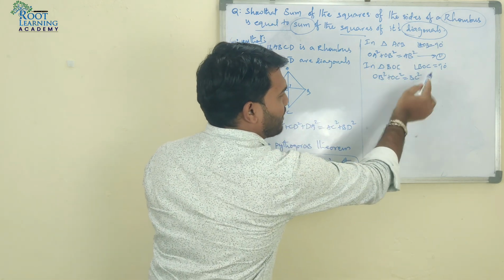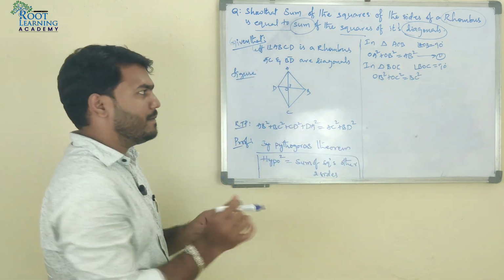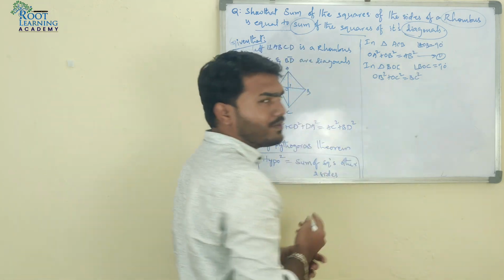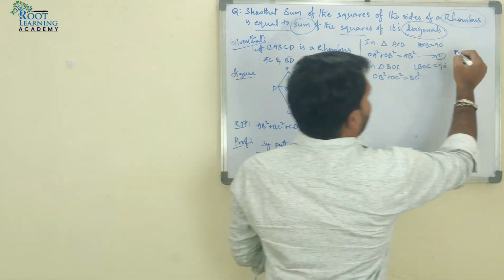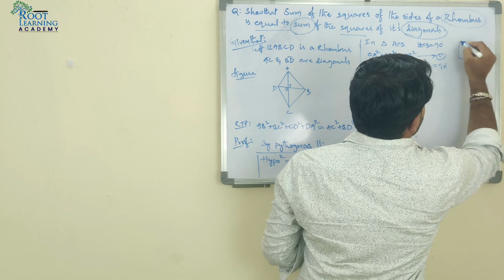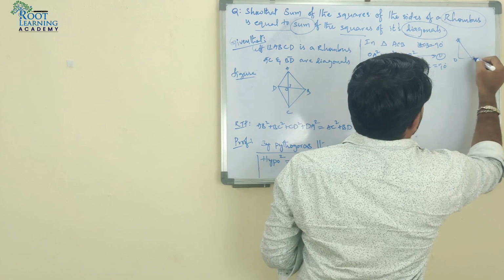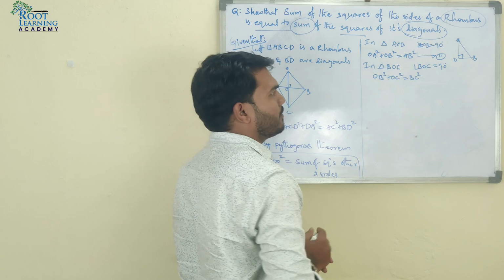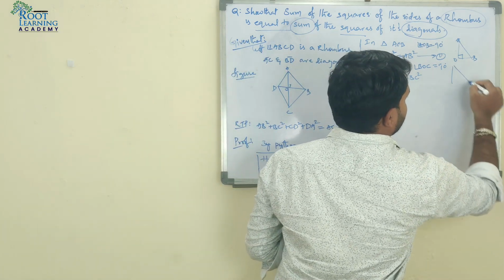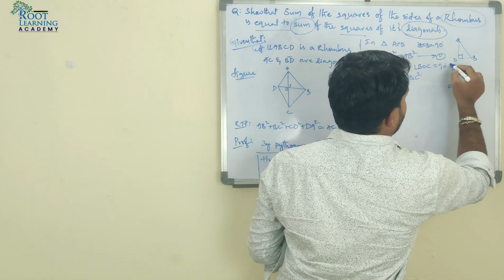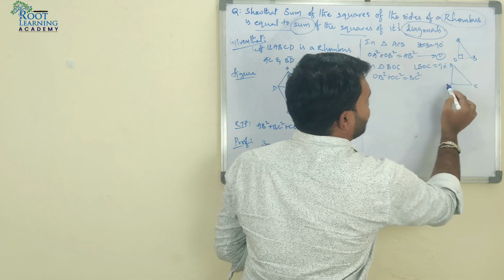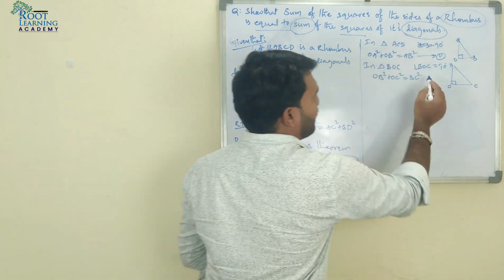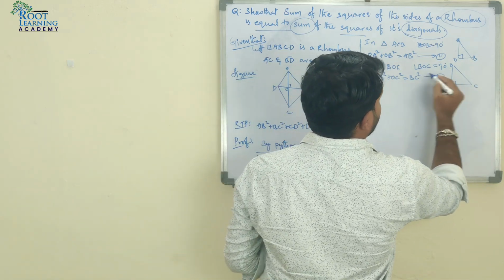AB square, BC square, next CD and DA we have to find. All the triangles are very similar here. See, this is OAB, so OA square plus OB square is equal to AB square. Next here, this is the triangle OBC, so OB square plus OC square is equal to BC square. Take it as equation number 2.